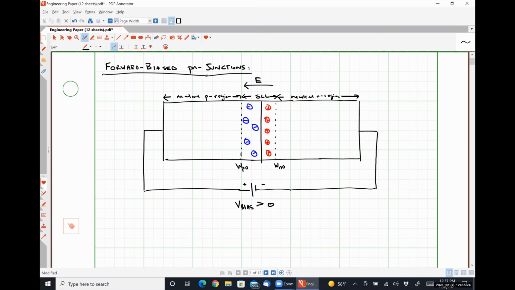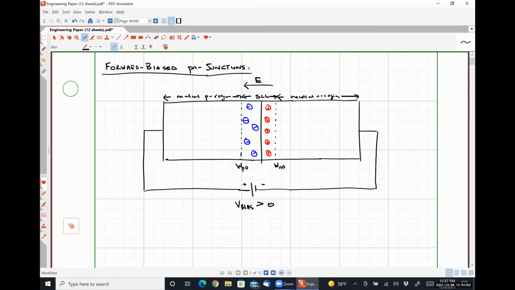Okay, so how does the polarity of this bias voltage relate to the polarity of the built-in voltage? What's the high potential side for the built-in voltage?